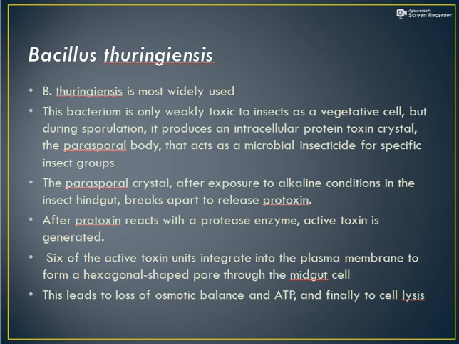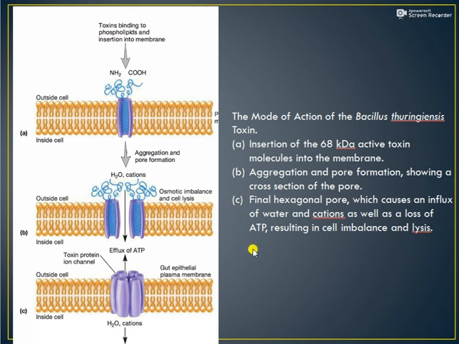Within the hindgut, this toxin will integrate into the plasma membrane and create pores in the midgut cells, leading to osmotic imbalance. You can have a look at the mode of action.